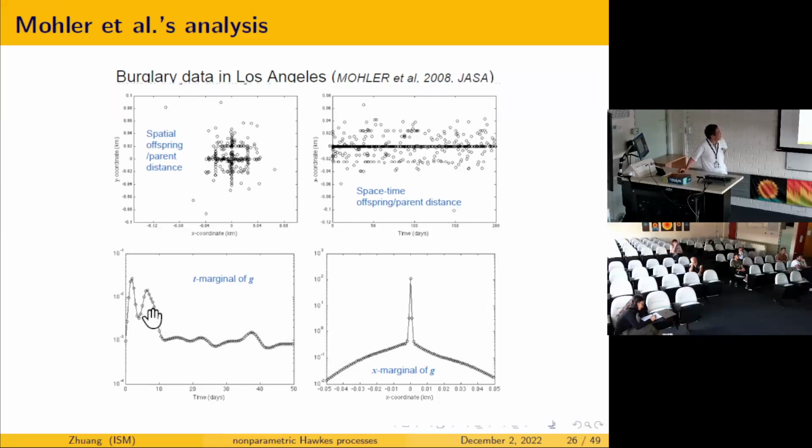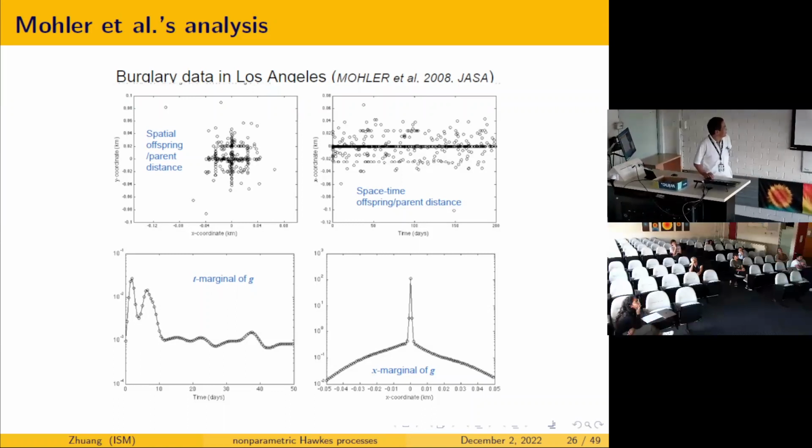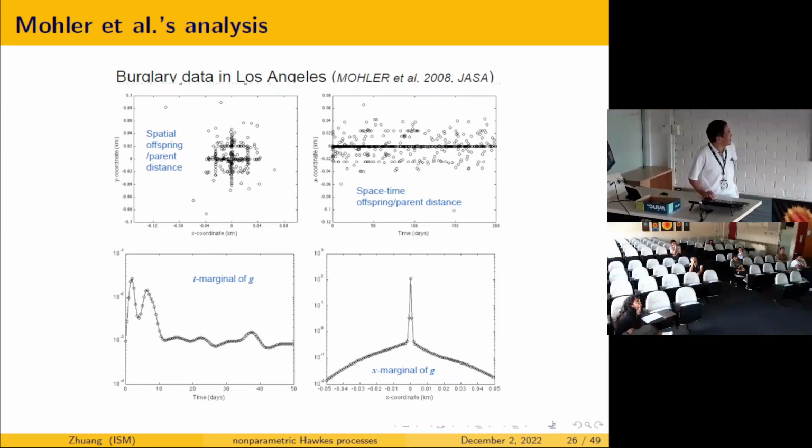I'm afraid this is something like weekly periodicity coming into the estimate of T. This marginal of T, I will deal with those kinds of periodicity in the crime data later.